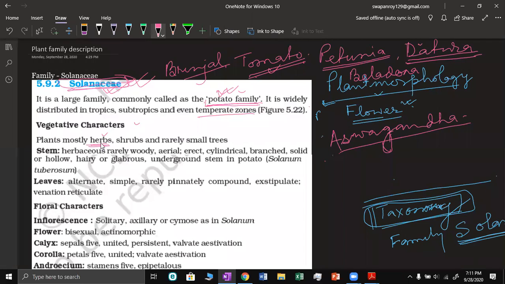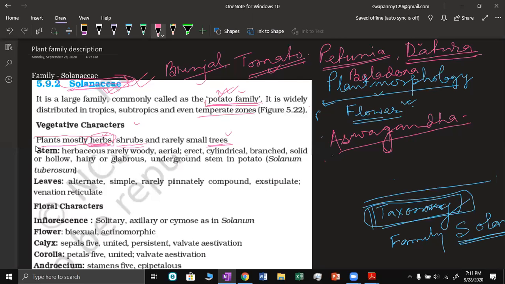So these are mostly herbs. Shrubs are few, like some garden ornamental plants. A tree is very rare, and if there is a tree, it is also very small. So if you write that plants are mostly herbs, that will do.